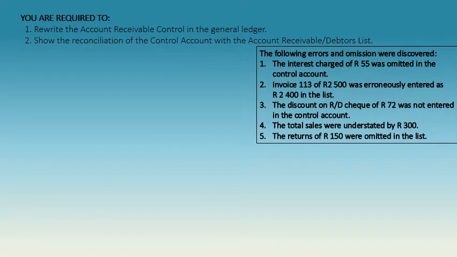You are required to rewrite the accounts receivable control in the general ledger and to show the reconciliation of the adjusted control account with the account receivable or the debtors list.